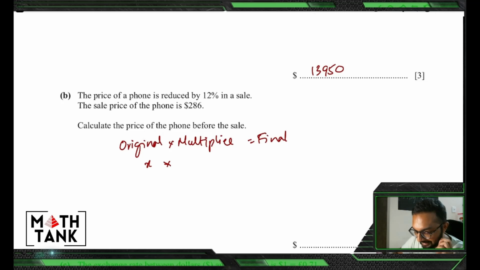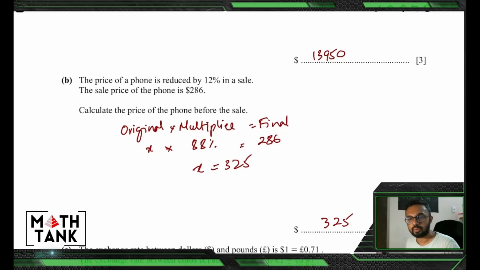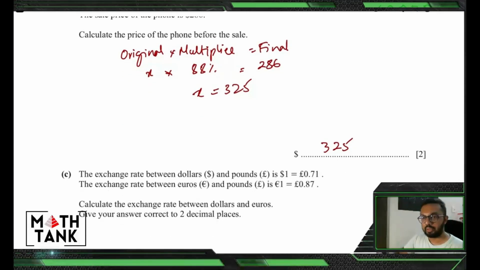The multiplier is 88%, 100 minus 12. The final is 286. So 286 divided by 88%. That is 325. I'm doing all of this on a calculator. I don't need to do all of this manually. Calculations are supposed to be done on a calculator.